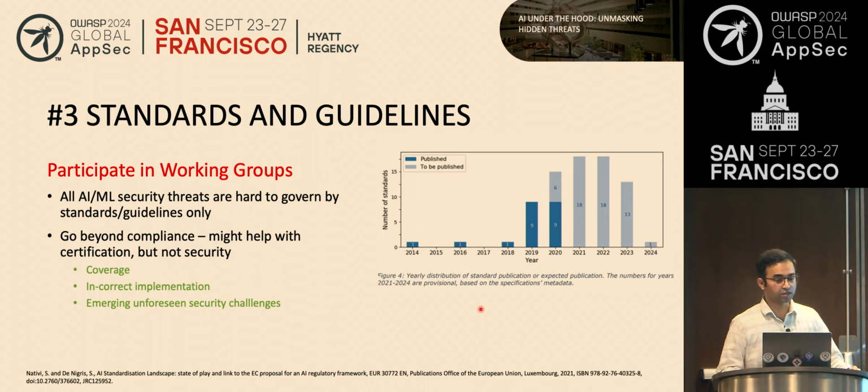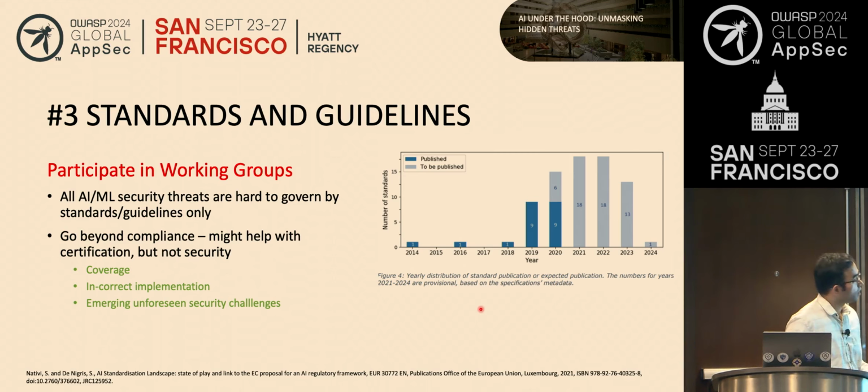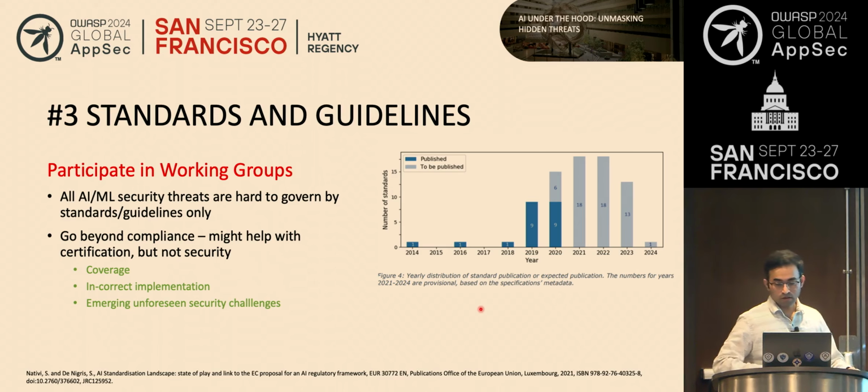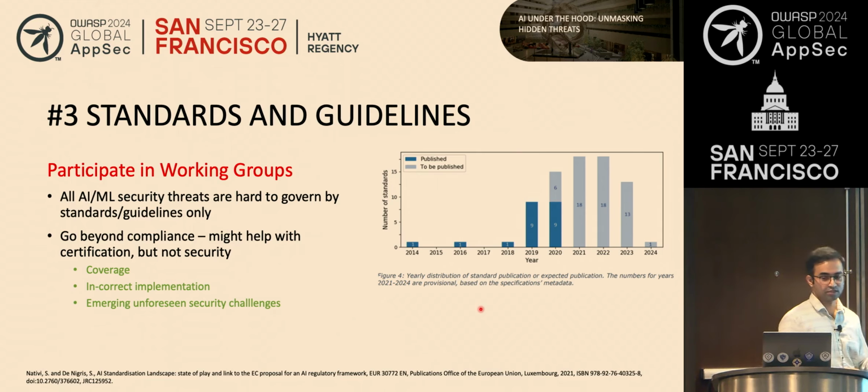This graph talks about the rising trend in the number of standards created for AI applications. And this trend is because there are more efforts being made to standardize the security practices.